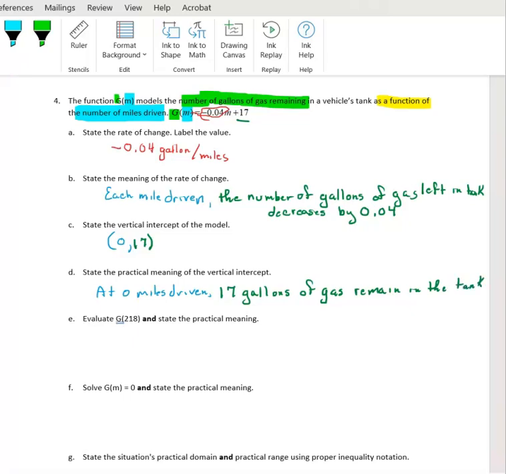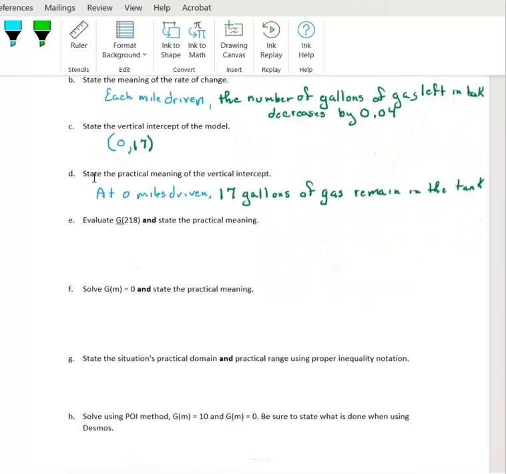Okay, so next we want to evaluate g of 218 and state its meaning, and then we also want to solve. Essentially, it's asking us to plug 218 into the function. So g of 218 is equal to negative 0.04 times 218, that's our input value, plus 17.